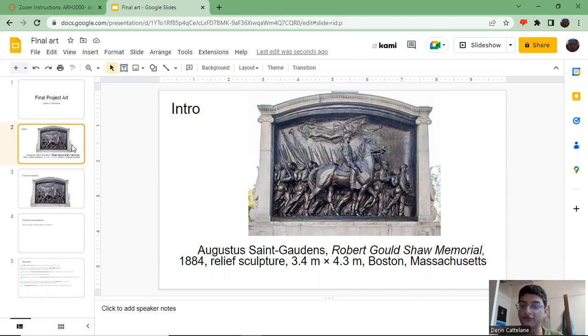The artwork that I have chosen is the Robert Gold Shaw Memorial. This piece of artwork was created by Augustus Saint Gaudens. Its construction was started in 1884 and it was unveiled in 1897. The piece of artwork is located in the city of Boston in the U.S. state of Massachusetts.